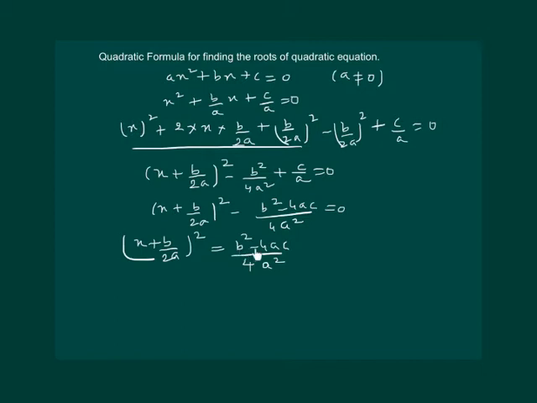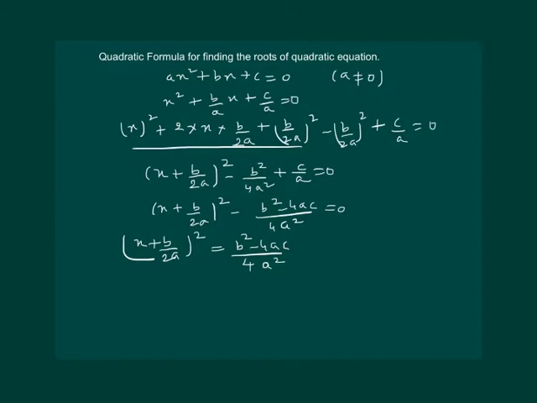Now if b square minus 4ac by 4a square is greater than or equal to 0, then we can find the square root by removing the square here and then find the value of x. But if it is negative, meaning less than 0, then there won't be any roots.